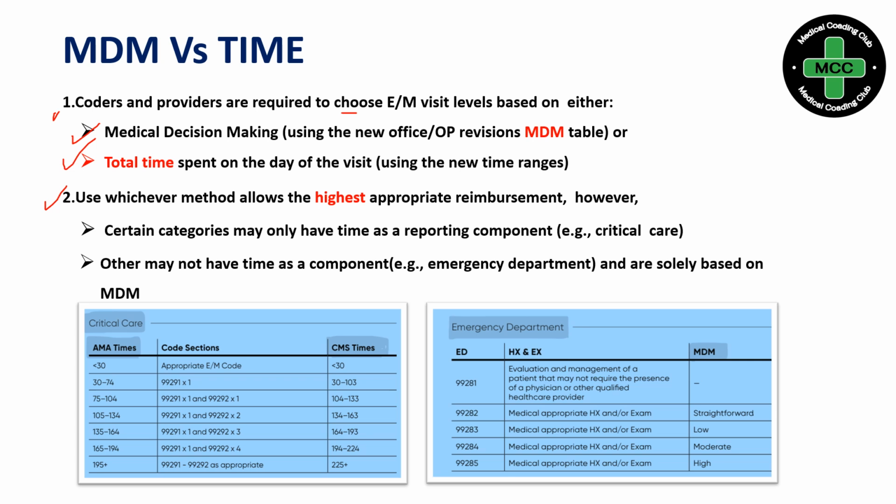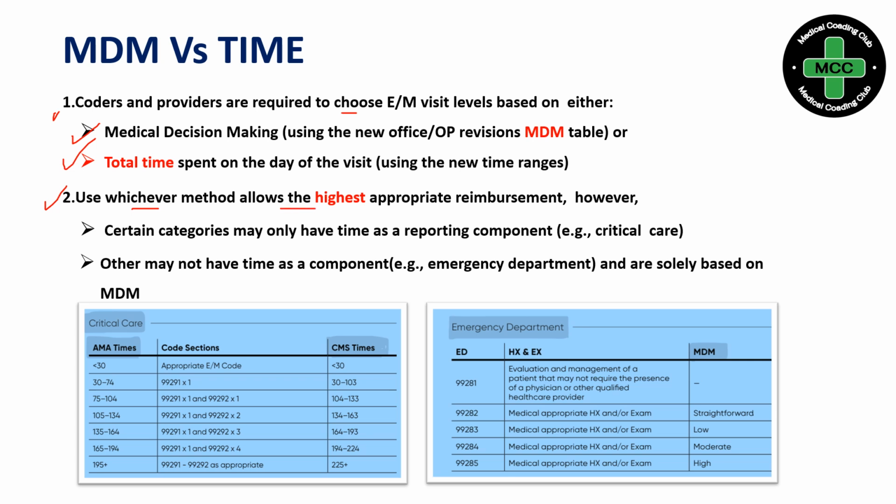Okay, so we know that we are following two guidelines. One is MDM and one is total time. And what if in the same scenario you are getting complete documentation regarding medical decision making, and the provider also documented time? In this case, use whichever method allows the highest appropriate reimbursement.